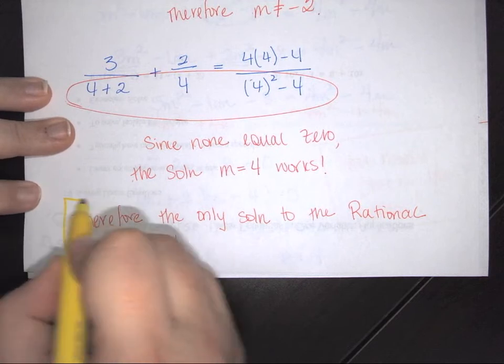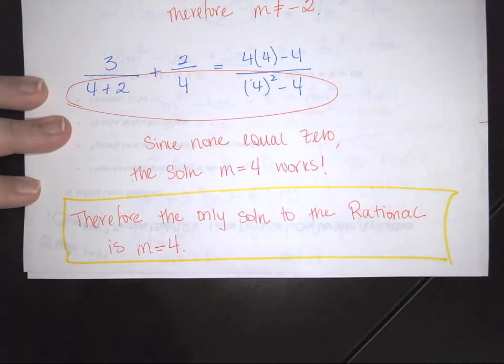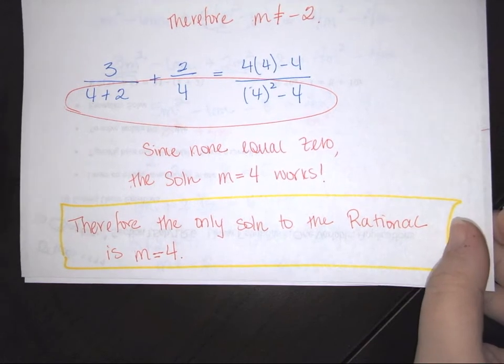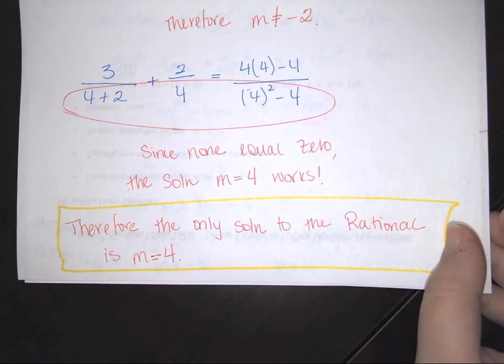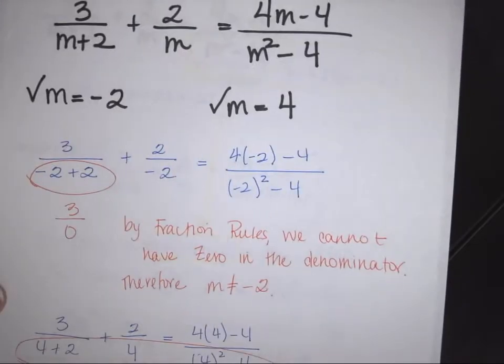And this is our answer. Okay. So at the end of the day, you always need to make sure that you are checking your answers to be sure that you have the proper one.